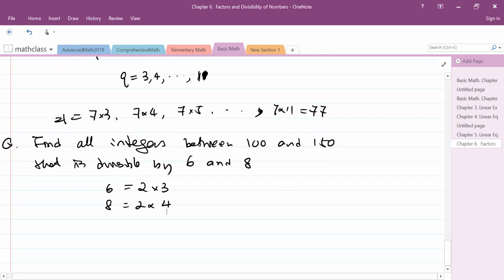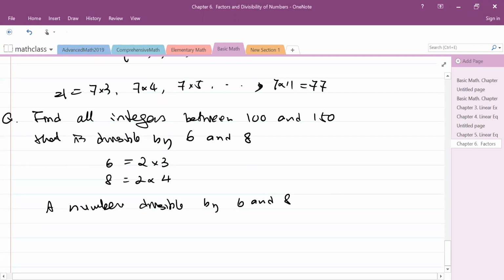So a number divisible by 6 and 8, you can combine it to one statement. It is equivalent to say it is divisible by what number?